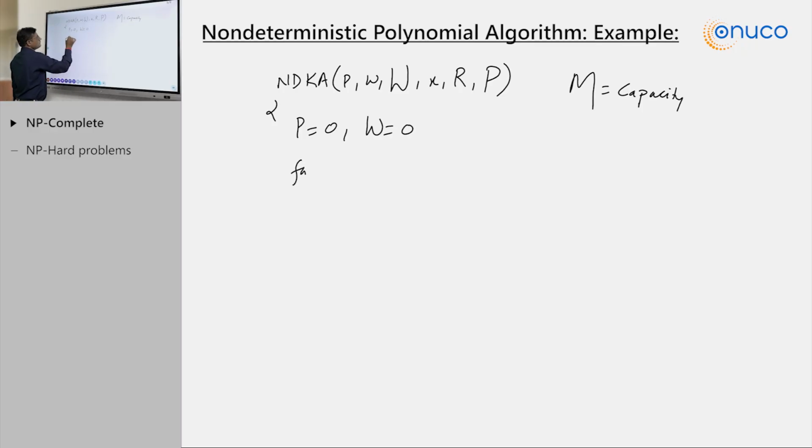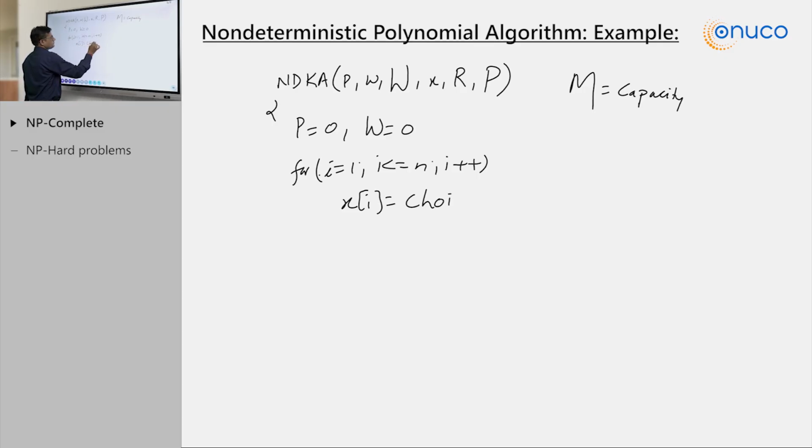Let us see how many elements we have. For i equal to 1, i less than or equal to n, and i plus plus. This variable you can define based on your choice. Here first we make x of i equal to choice.